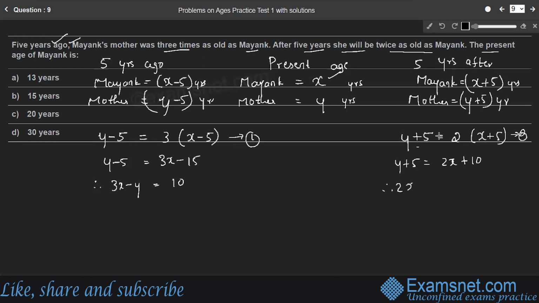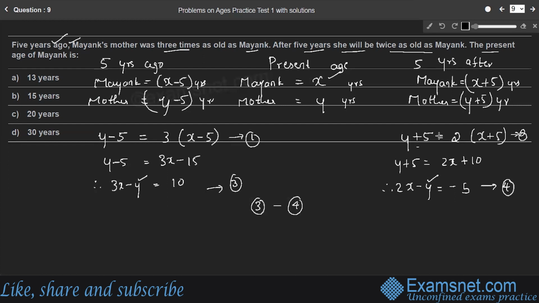Therefore, 2x minus y is equal to minus 5, right? So consider these two as equation 3 and 4. We have a common term, minus y and minus y. So we'll subtract: equation 3 minus equation 4 gives.